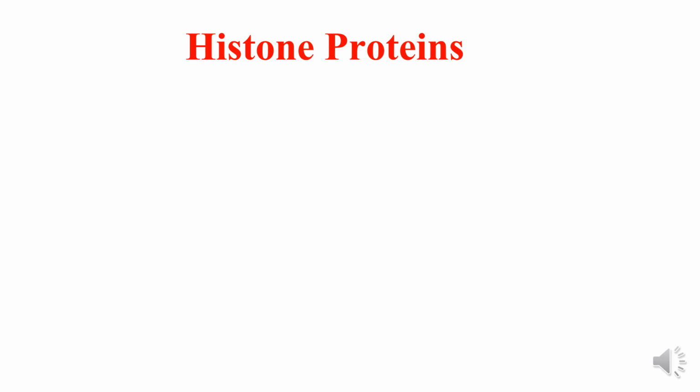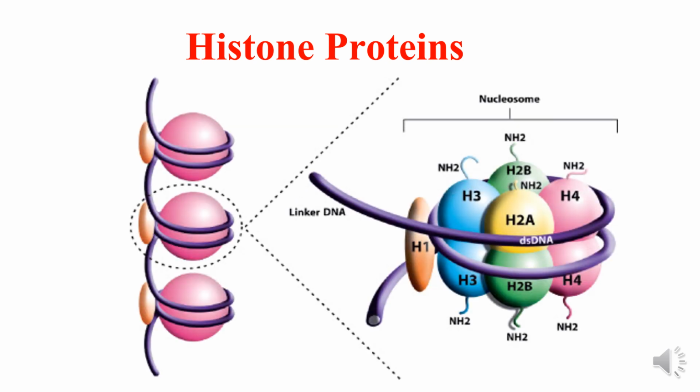So one wonders how will such a large molecule fit into such a small organelle, and it is with the help of these histone proteins. So see, look here, these are the histone proteins, and they are of four types: H2A, H2B, H3, H4. So these four together form the octamer, and then it is followed by H1.